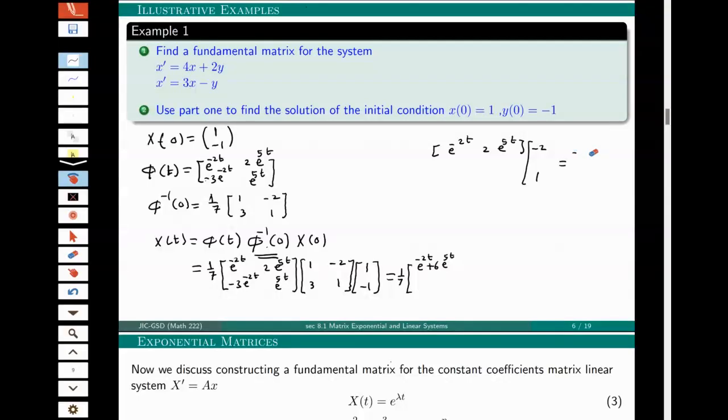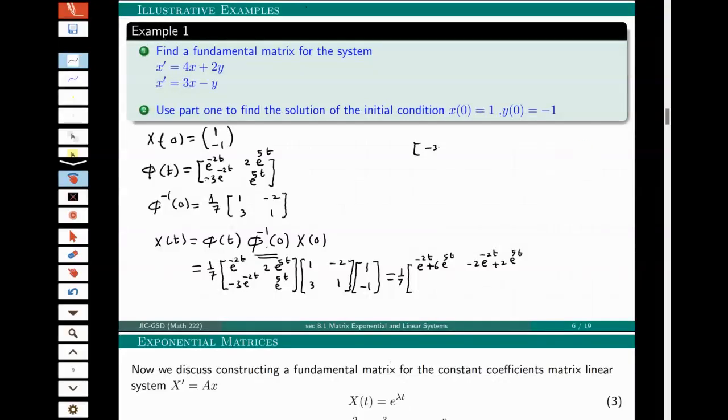That will be minus 2 e to the power minus 2t plus 2 e to the power 5t.